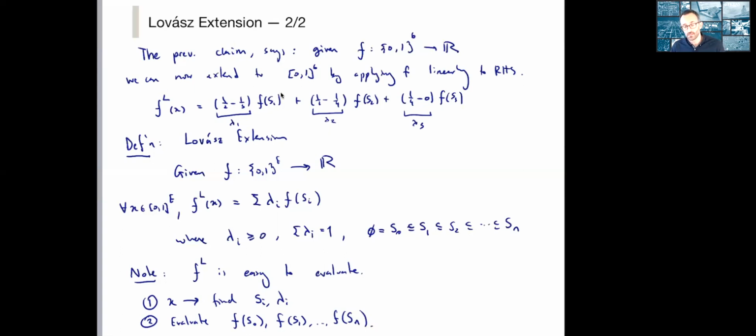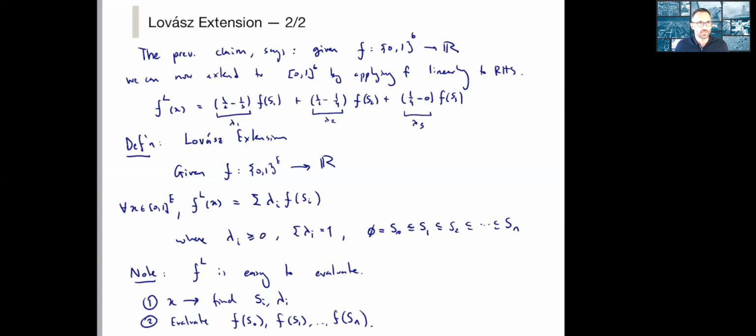Whereas in the previous continuous extensions, the convex and concave extensions, even if you're given the alphas, evaluating them might require you to evaluate f on exponentially many different subsets. But that's not the case here. So as promised, this Lovász extension is easy to evaluate. The question is now, what are its properties, and is it useful for us?